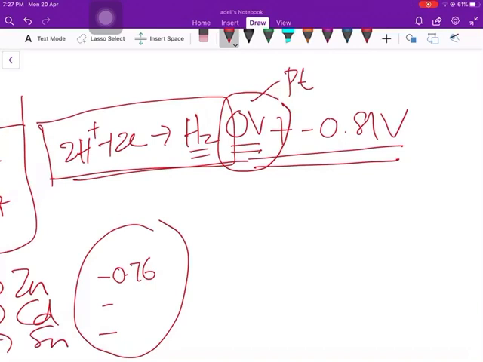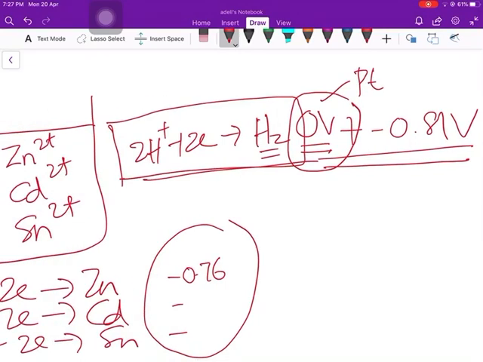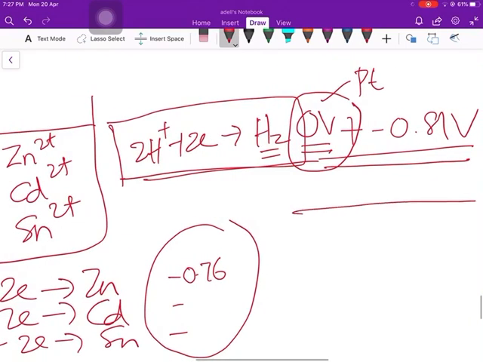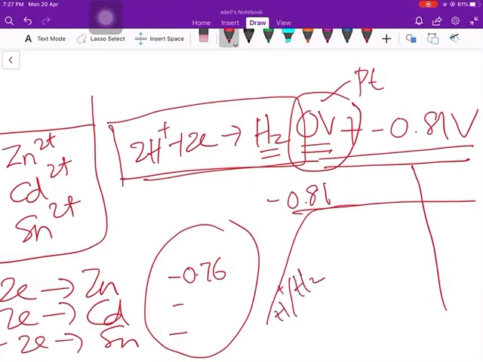Due to this phenomenon, overpotential, you can reduce other elements. For example here, at negative 0.81, hydrogen starts to form on mercury. But if you use platinum, hydrogen will start at 0.